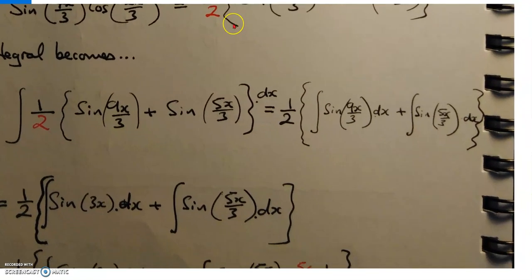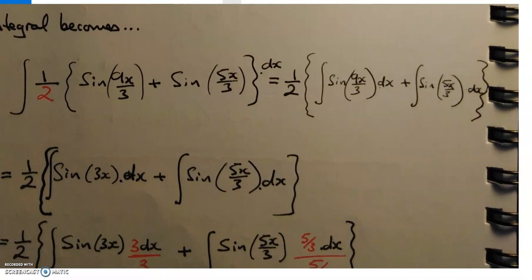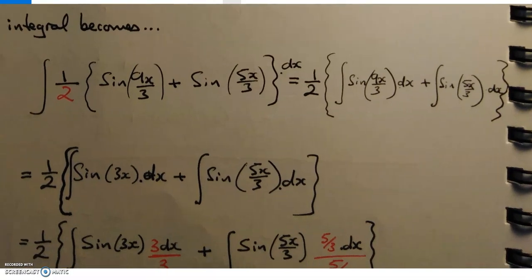If I just move it along like that, I ran out of space at the sides, but anyway. So it's the integral of a half of sine of 9x over 3, which of course is going to simplify to 3x, plus the sine of 5x over 3 there, dx. Well, this half here, which is a constant, I can put outside the integral sign. And what am I left with?